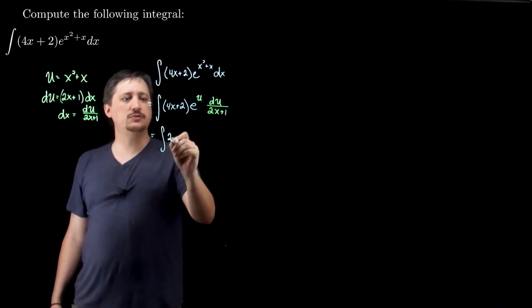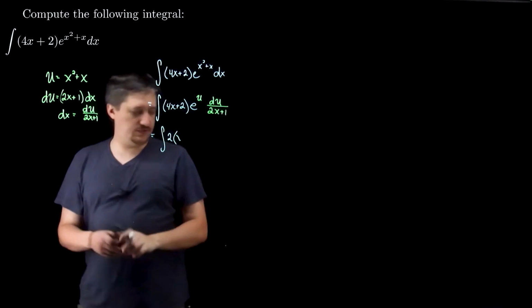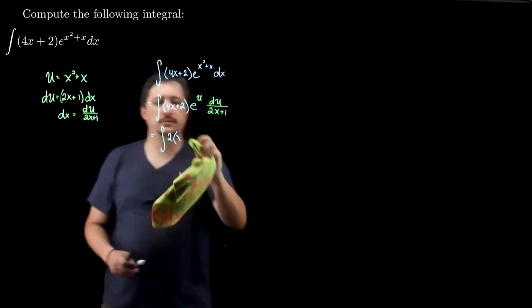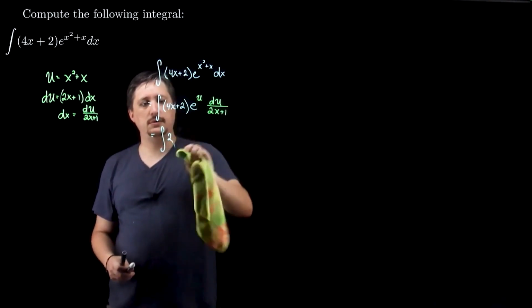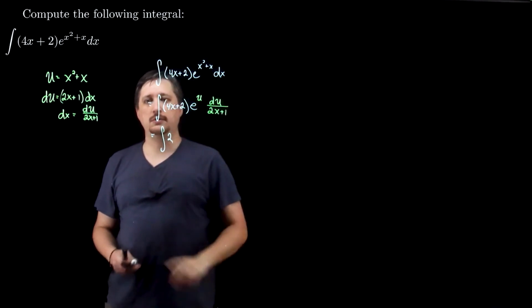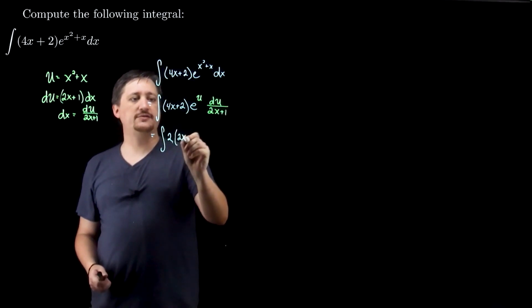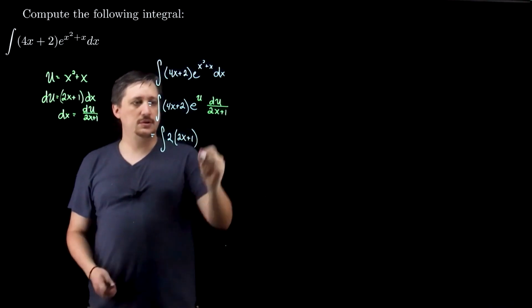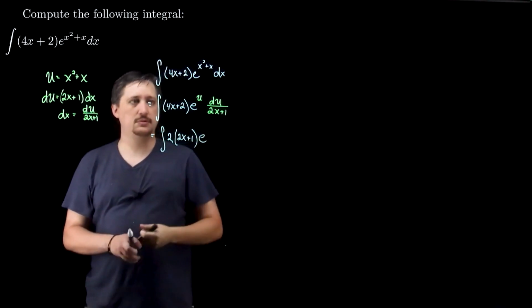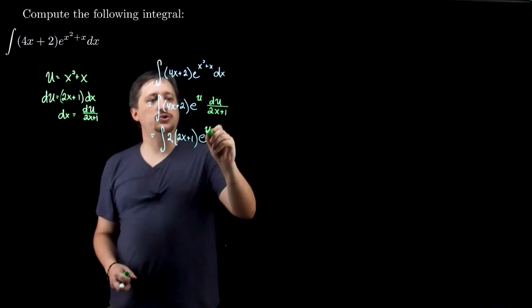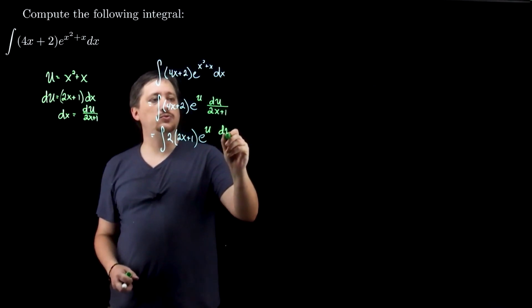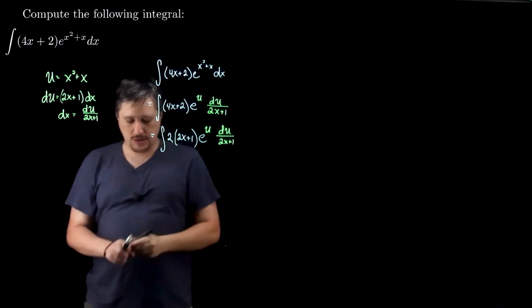So pulling out a 2, I get 2 times 2x plus 1 e to the u du over 2x plus 1.